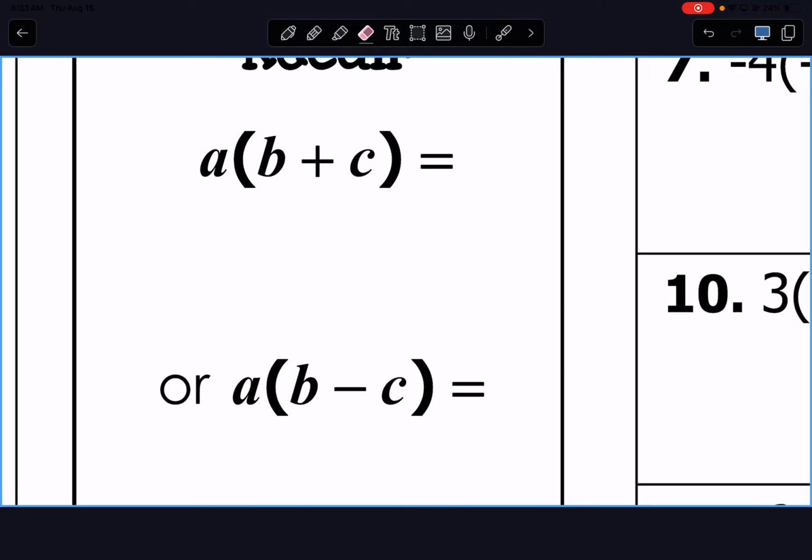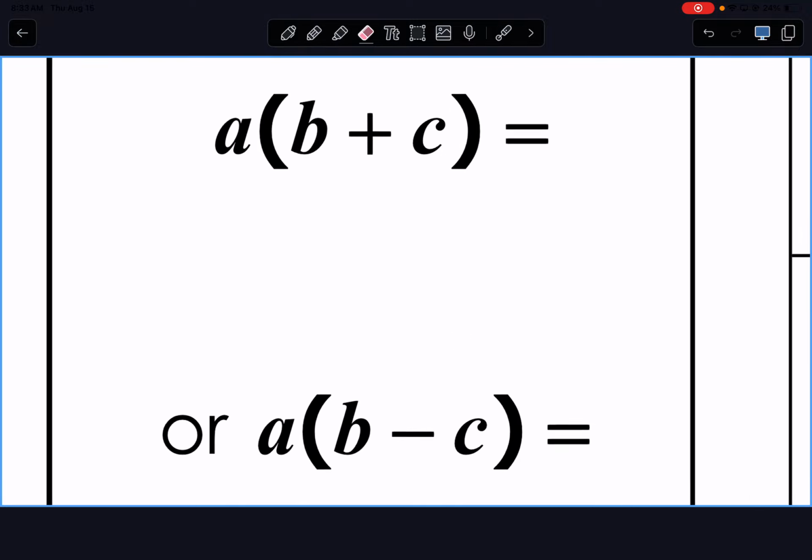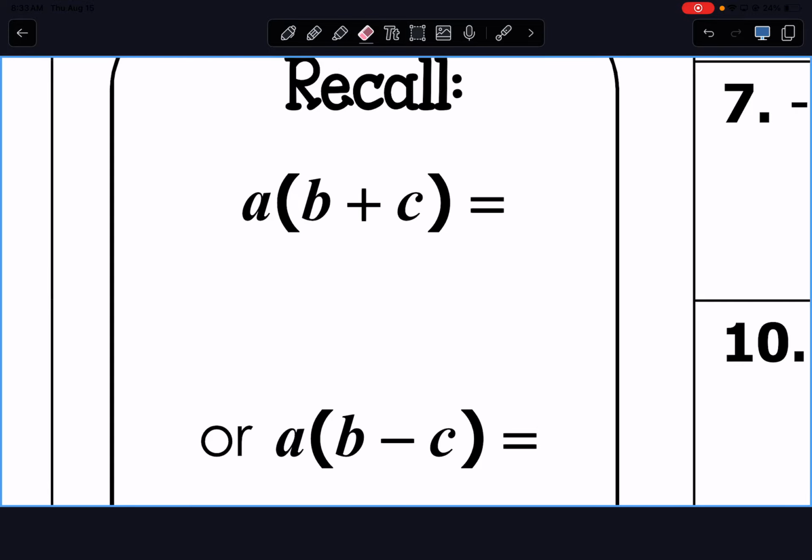My bad. So how would I do that top problem right there? I got to multiply. So I multiply A times what? So A times B, which gives us AB.